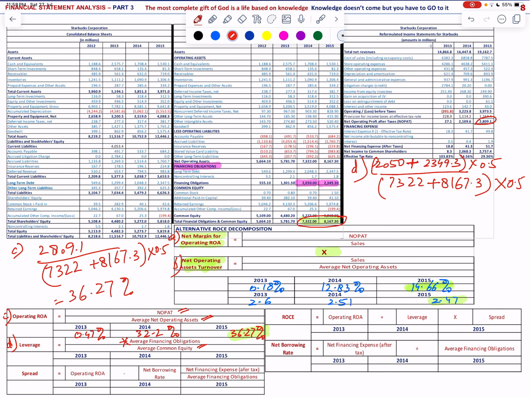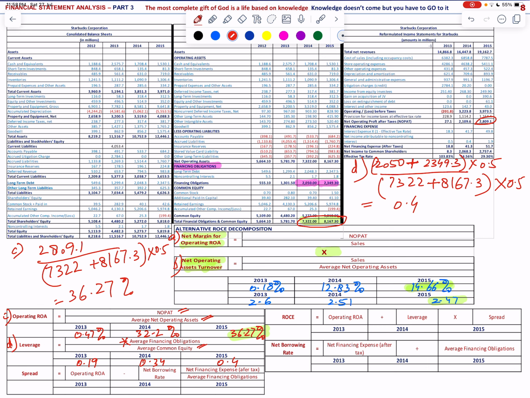So when you solve it, this will be equal to 0.4. So the leverage for the year 2015 is 0.4, and you can calculate in the same way for 2014, and that will be 0.34. For 2013 it will be 0.19.